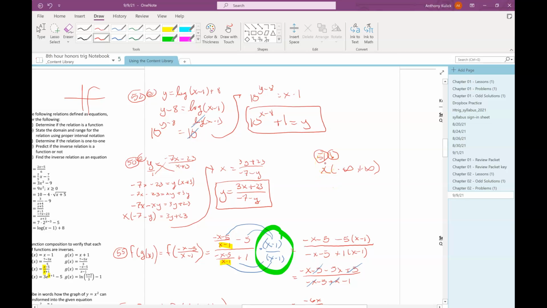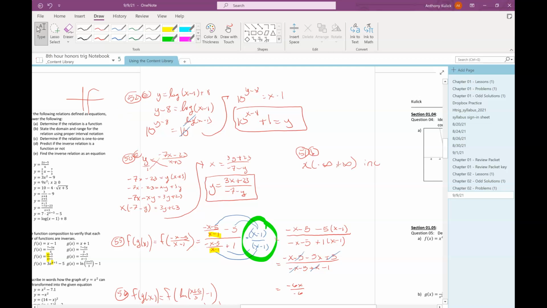I notice that this is increasing the whole time if I were to look at the graph of this, right? Since it's exponential, it's going to look like that. So I know that the range then is going to be f of negative infinity to f of positive infinity. Okay with that?